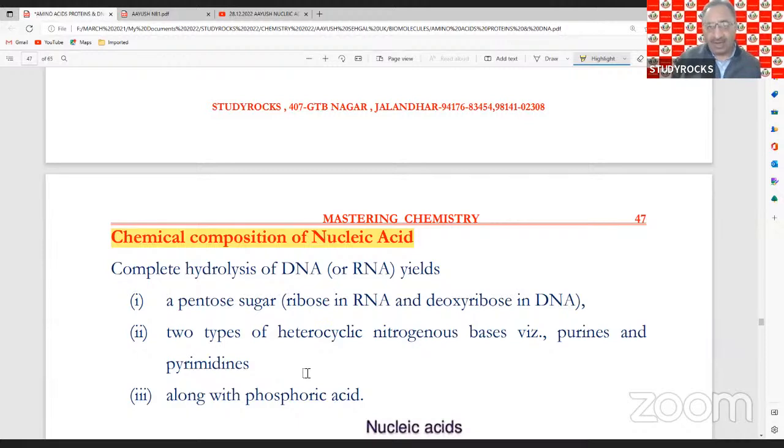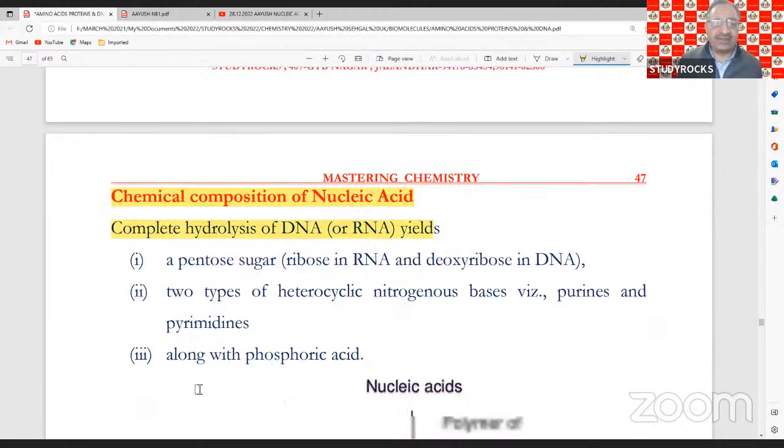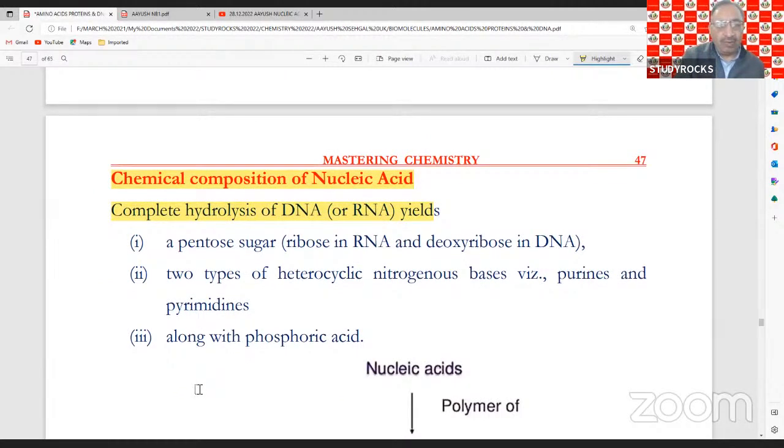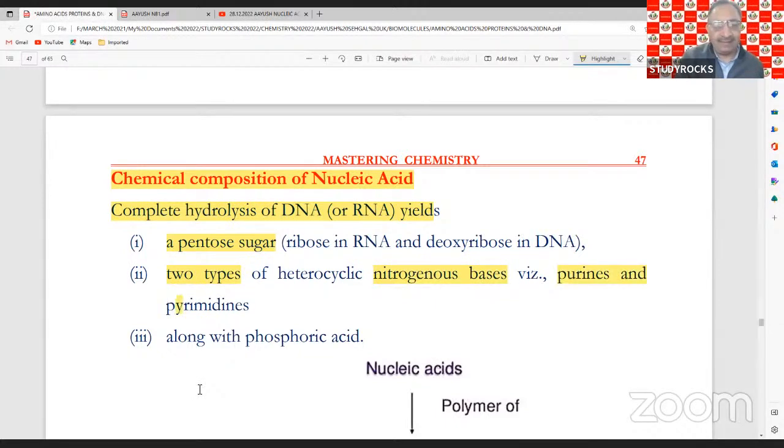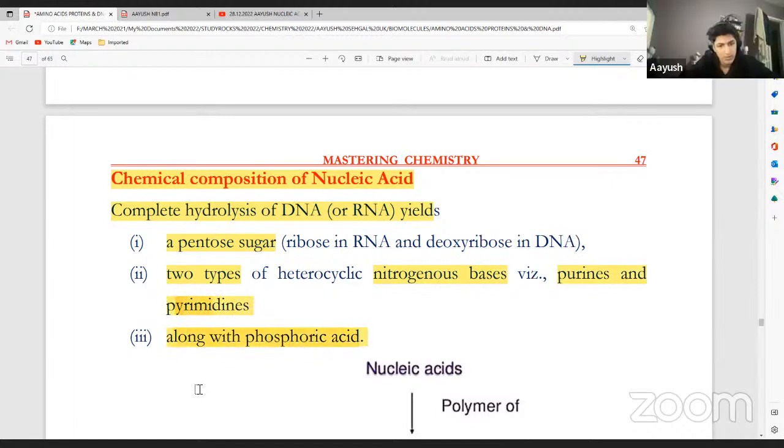Now, if we go for hydrolysis of DNA or RNA, it yields three components. One is pentose sugar, then two types of heterocyclic nitrogen bases, purines and pyrimidines, along with phosphoric acid.